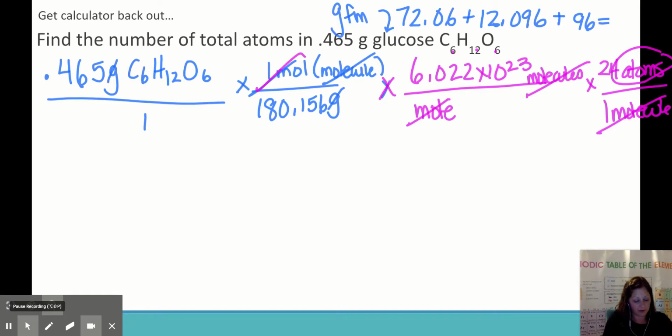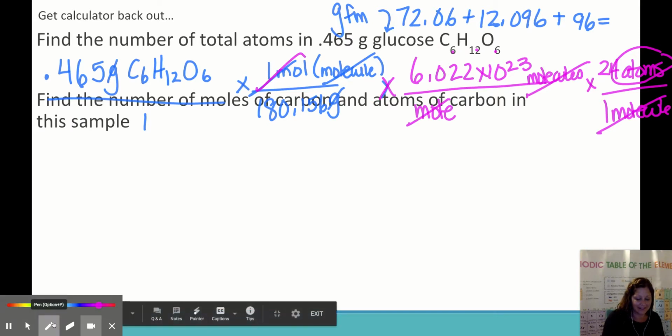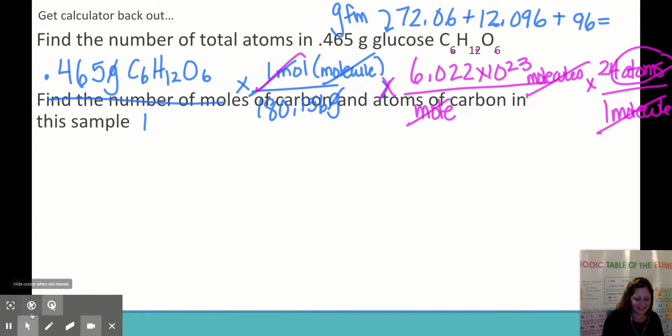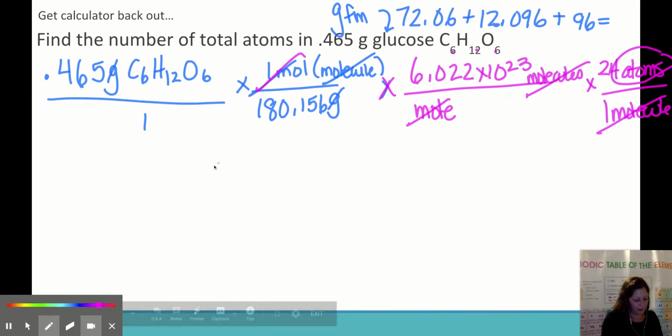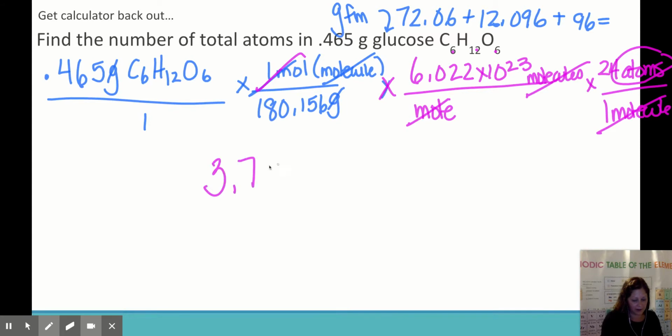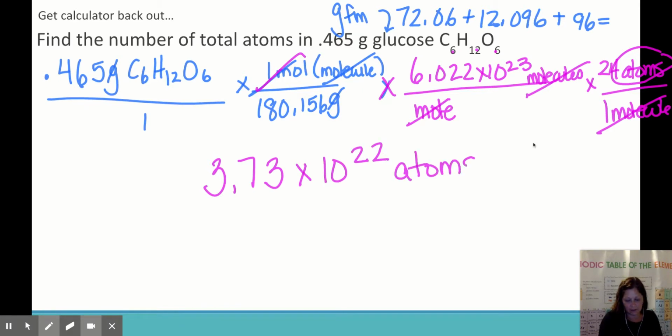Times 24, and on my calculator, I got 3.73 times 10 to the 22nd atoms.